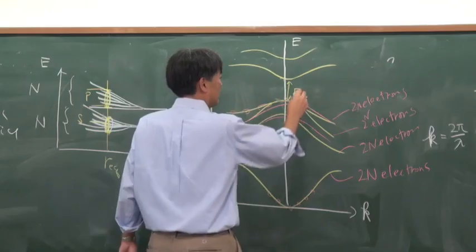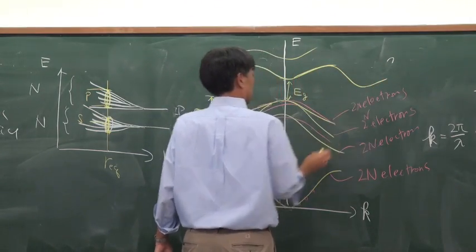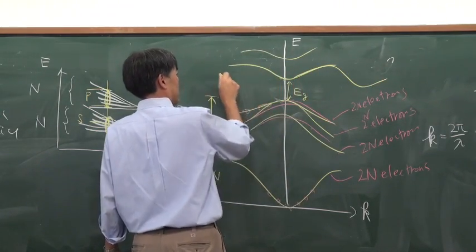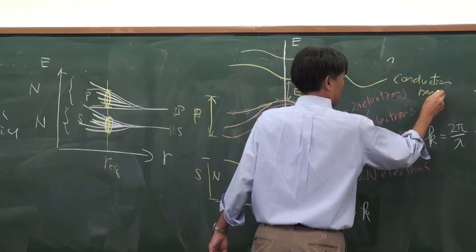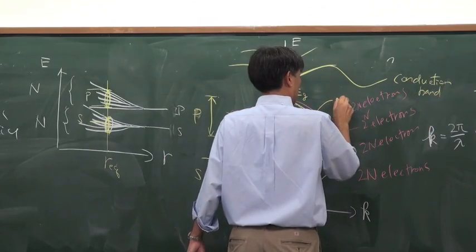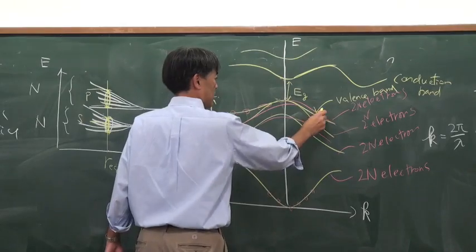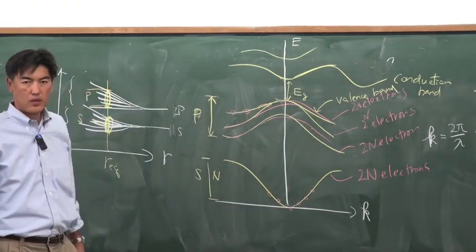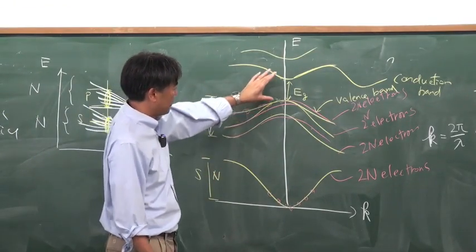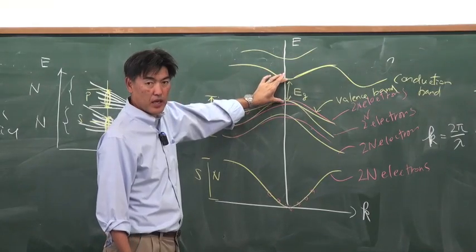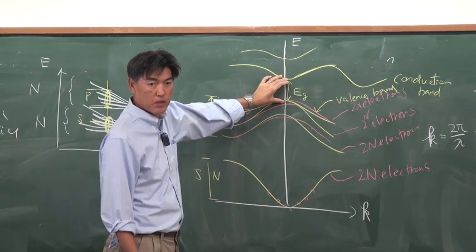And very often, this is called the conduction band. And this is called the valence band. Okay? And here I drew the energy gap just for simplicity.